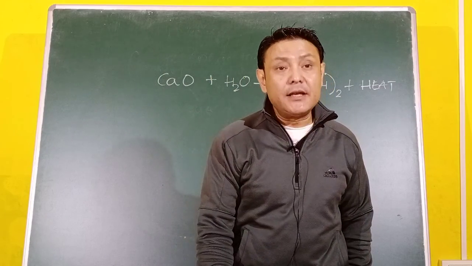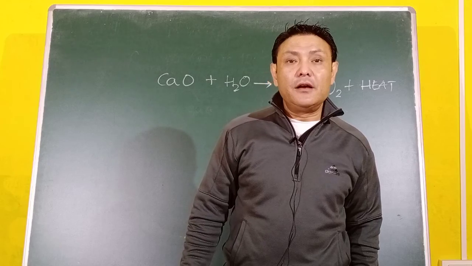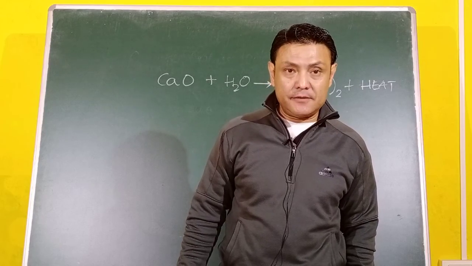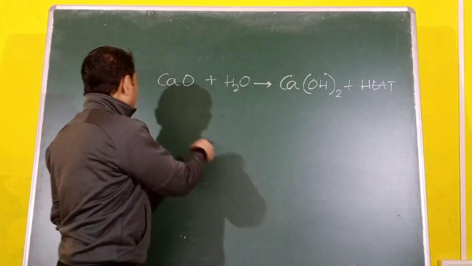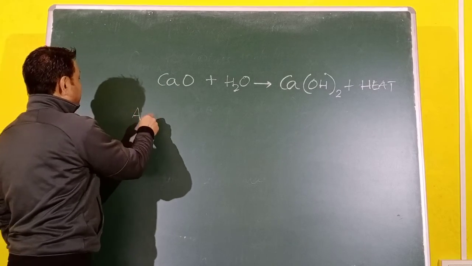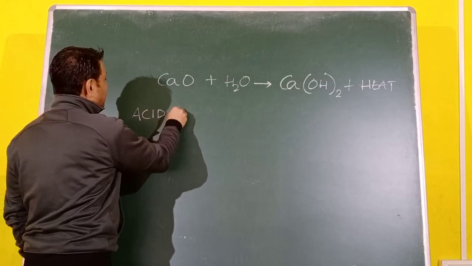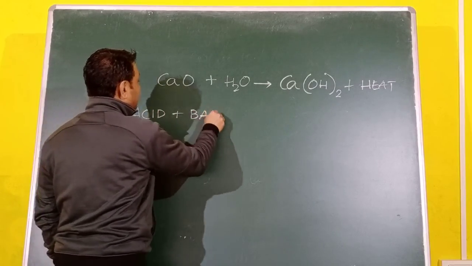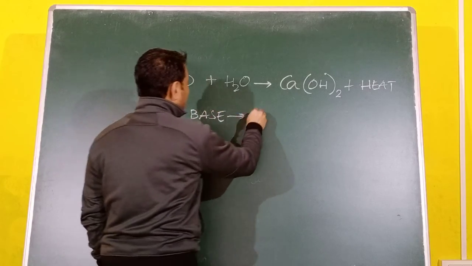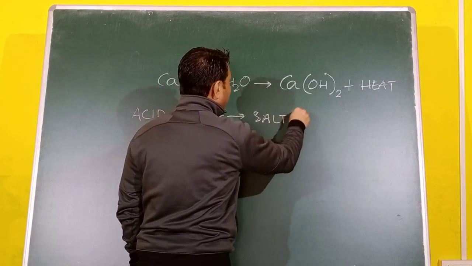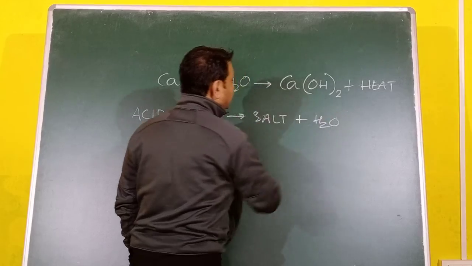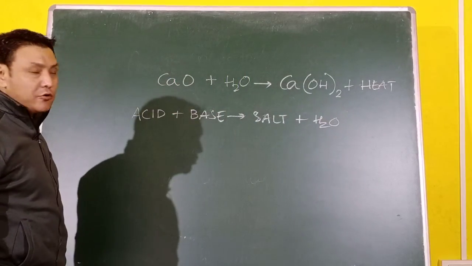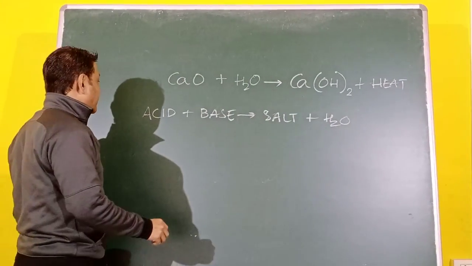The other one is the reaction of an acid and a base. So let me tell you the general equation. Acid plus base will produce salt plus water. This is a very important general reaction you got to remember, which is needed in class 10 actually.